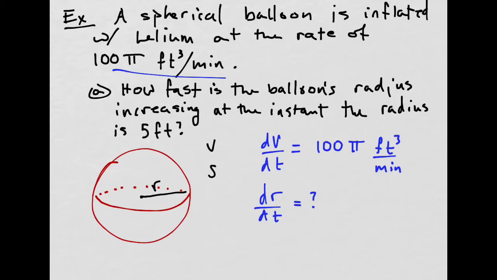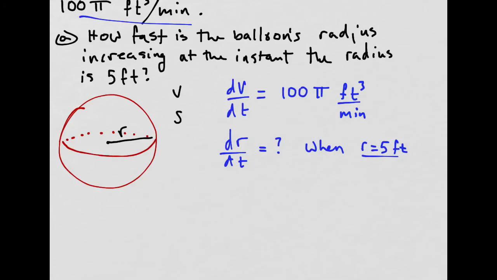And then the next step: we wrote down the rate that's required, and we want to know when it's required. When it says at the instant the radius is 5 feet, that means when r equals 5 feet. Now it's very, very important not to plug in anything until we've already taken the derivative, and you'll see what I mean by this.